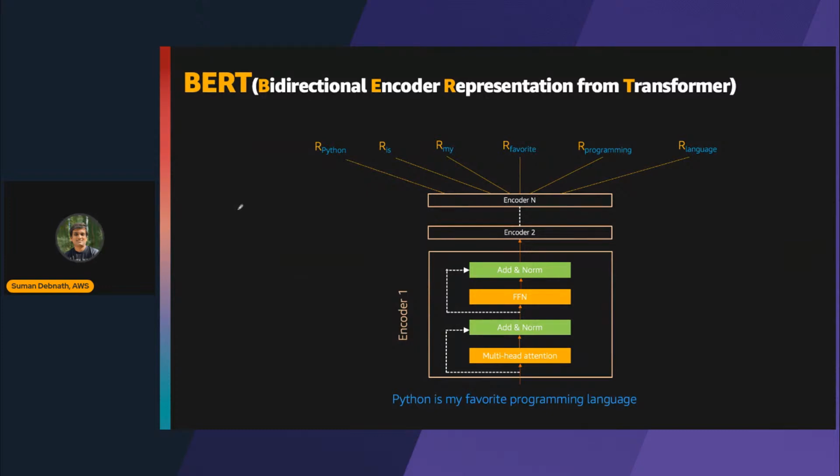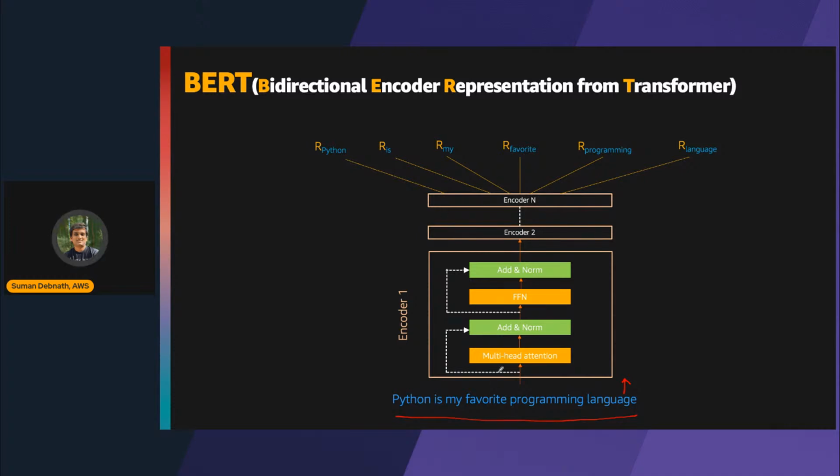BERT: Bidirectional Encoder Representations from Transformers. Why is it bidirectional? Because we are feeding the whole input sentence at a time, sending it together at one point in time. That means when BERT reads through the sentence and tries to get an embedding, a better representation of it, it has the context of the left-hand side of each word as well as the right-hand side.